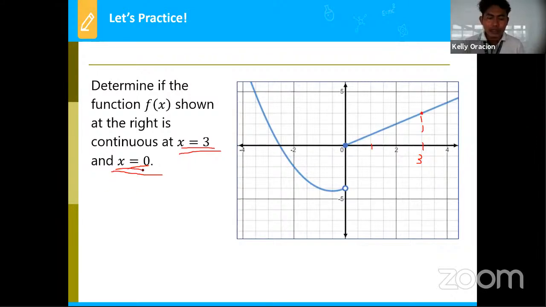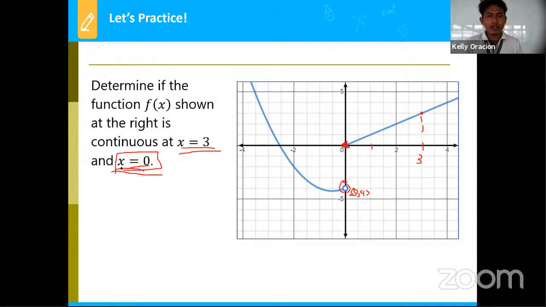But when it comes to x is equal to 0, this is 0. Is it shaded? This point, this is 0 and 4. Your x is 0. It is open. Since it is open, the function is not continuous at x is equal to 0.